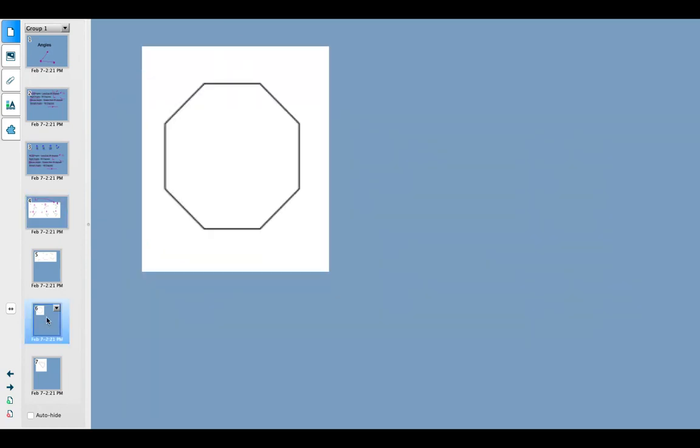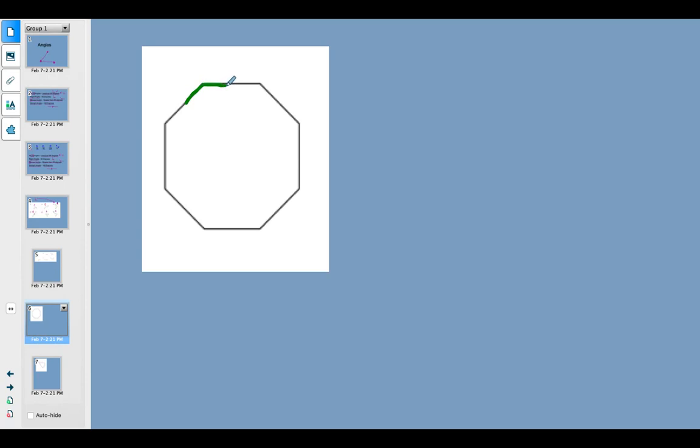When we look at shapes, a question might say, how many obtuse or right or acute angles does this shape have? So what you would need to do is outline the corners. So let's take a look at this shape. And I want to figure out what type of angle this is.